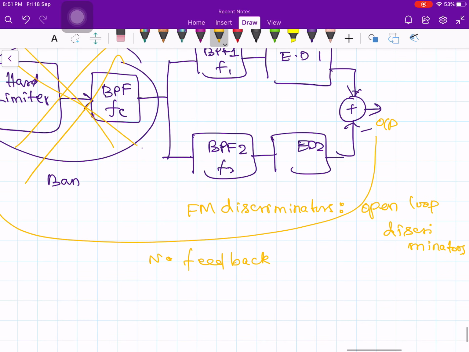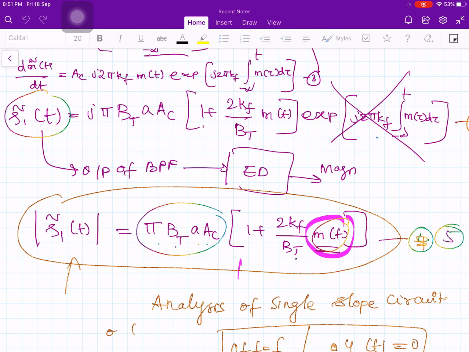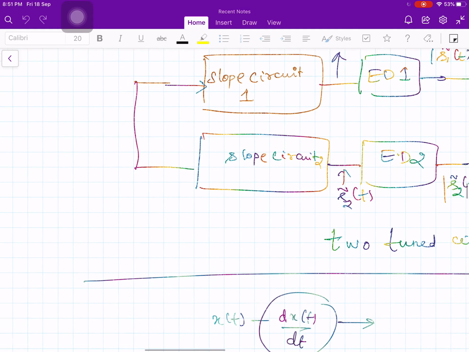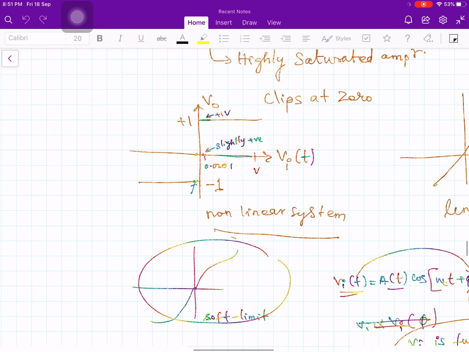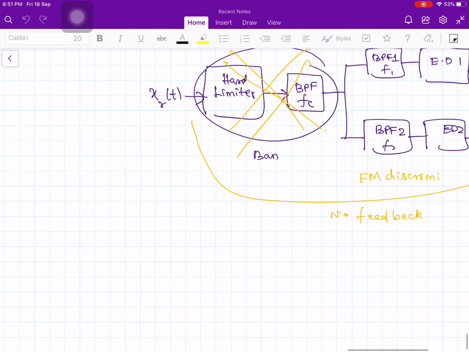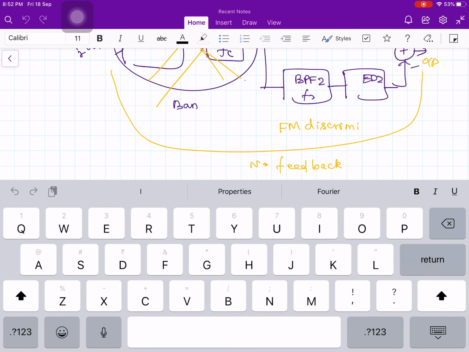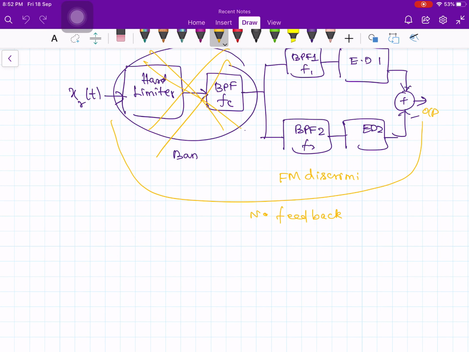These are systems in which we devise a circuit such that the output is dependent on the input frequency deviation with respect to the center frequency.